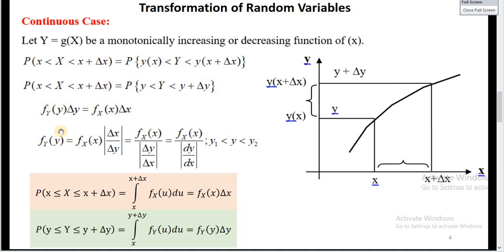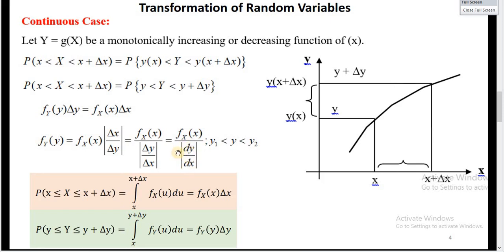So fy of y is fx of x times delta x by delta y, or equivalently fx of x divided by delta y by delta x, and in the limit as delta x goes to 0, this delta y by delta x becomes the derivative dy by dx.